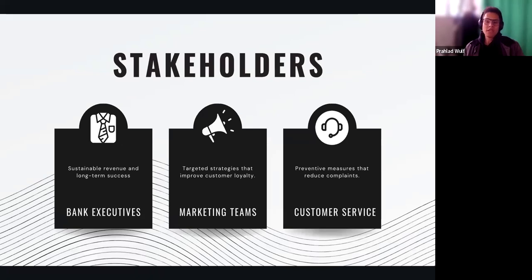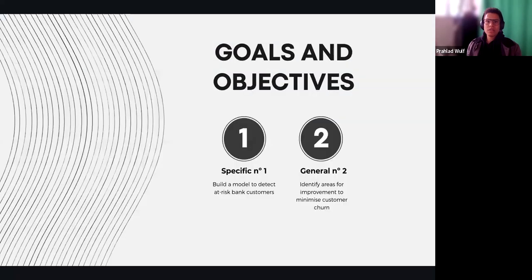And customer service teams would aim to improve the customer experience by implementing preventative measures to reduce complaints. So the goals and objectives are to specifically build a model to detect at-risk bank customers for the specific data, and in general identify areas for improvement to minimize customer churn.